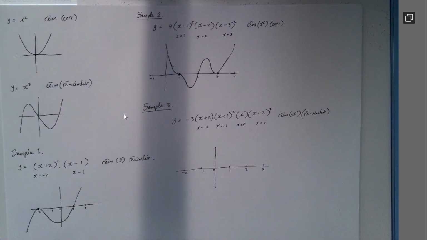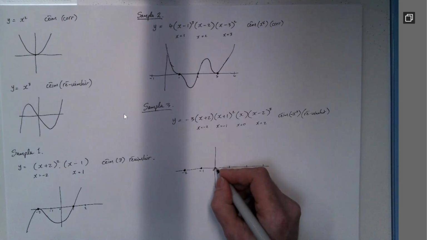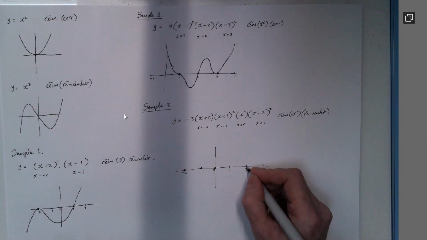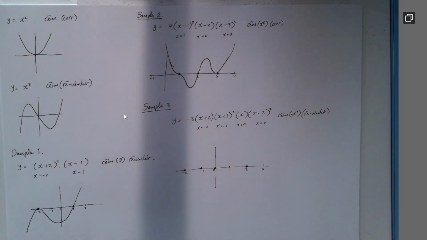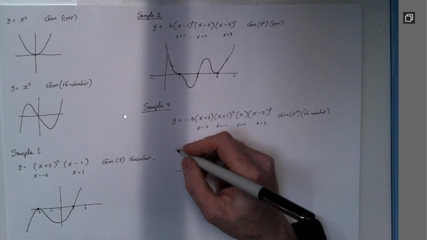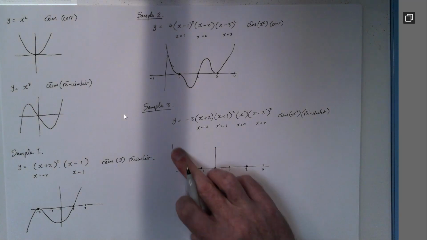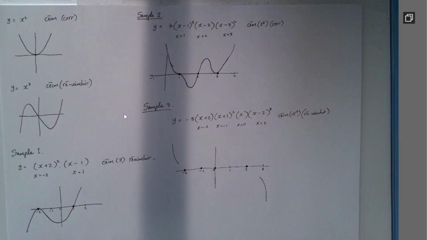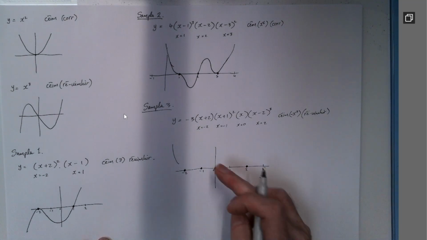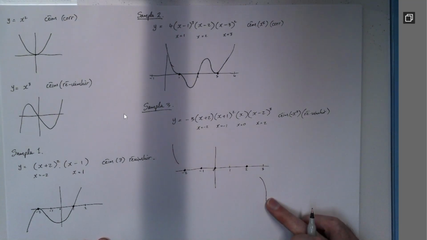Okay, now the rest, we call arm up, because it's negative, that's an odd degree, so we have arm up and we have an arm down. So we know both ends of your graph. Arm up, arm down.